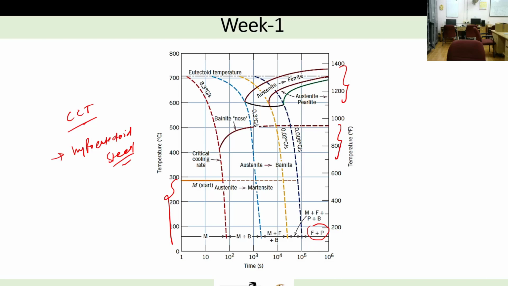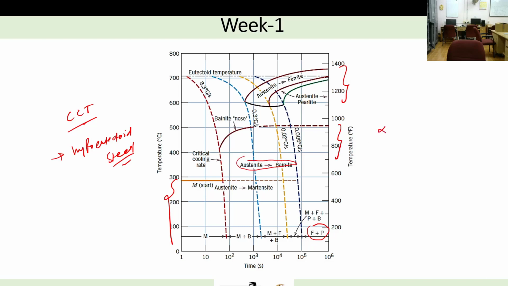But if you are on the left side of this middle line, then you can avoid the pearlitic transformation and have other types of transformation. Ferrite will form from austenite, and the remaining austenite will follow this, and once you cross this line, which is the bainitic nose, the austenite will start transforming into bainite.